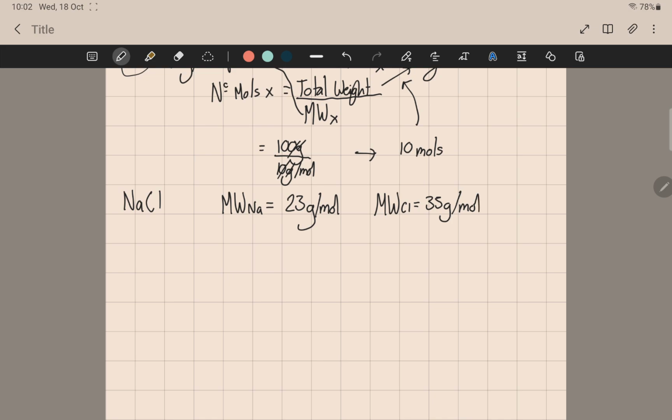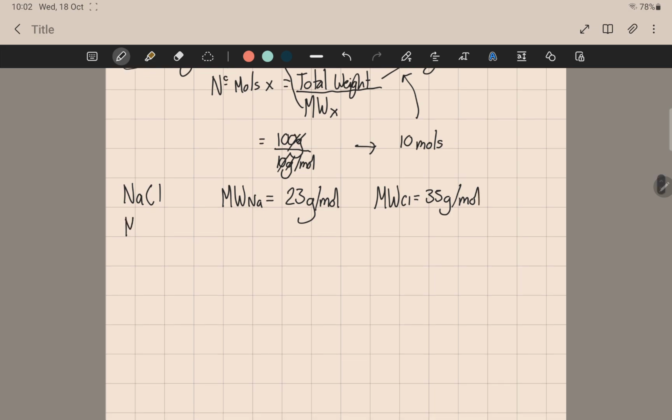All right, so that means that our molecular weight of sodium chloride, all right, so the two together, is equal to the molecular weight of sodium plus the molecular weight of chloride, which is just 23 plus 35, which is 58 grams per mole. All right, so each mole of sodium chloride weighs 58 grams.